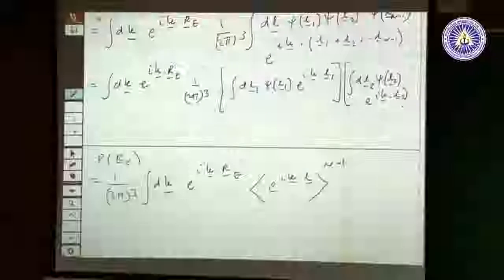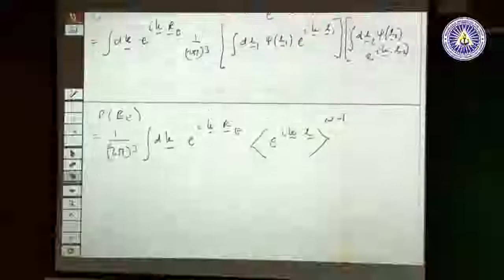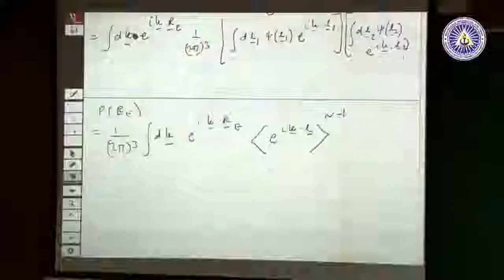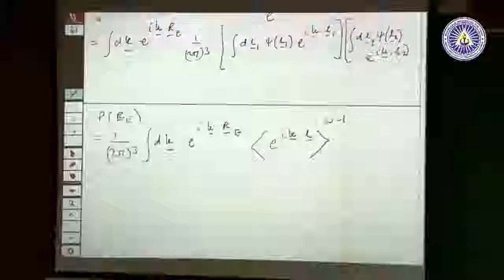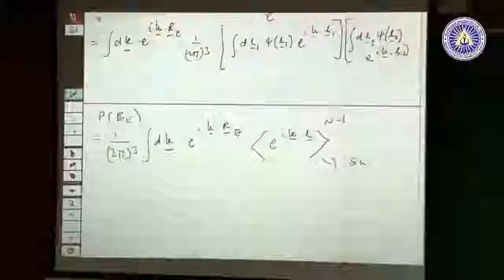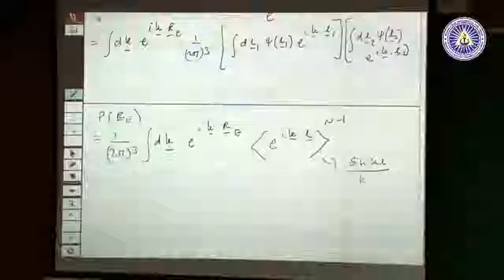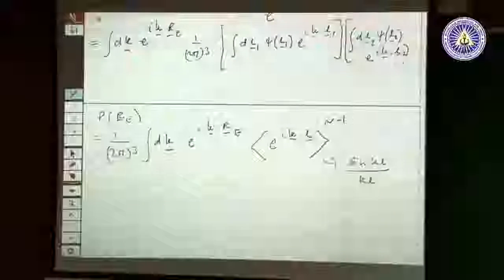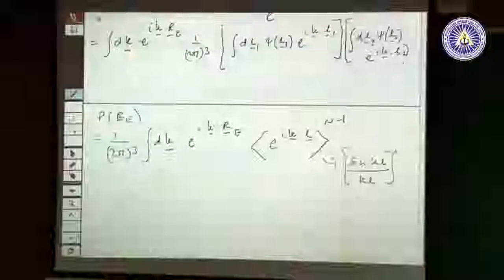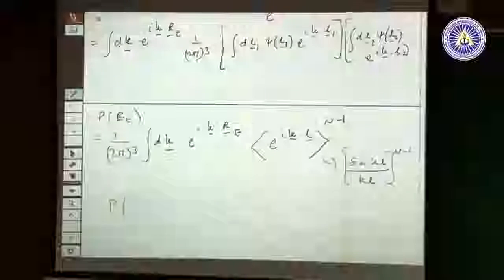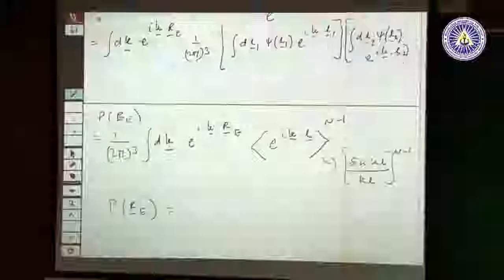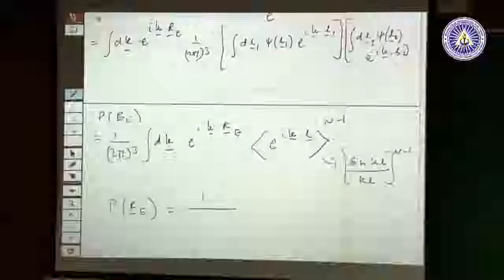Now, I am not going to go into the algebra of how you evaluate this, it's quite tedious, but this turns out to be nothing but sine kL over kL, okay? And so the whole thing would be raised to n minus 1 terms, and if you worked it out, then you find that indeed it's a Gaussian distribution.